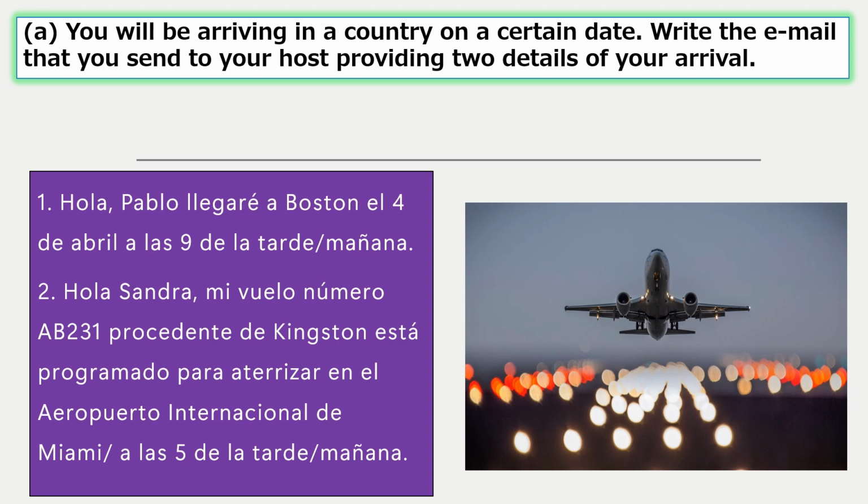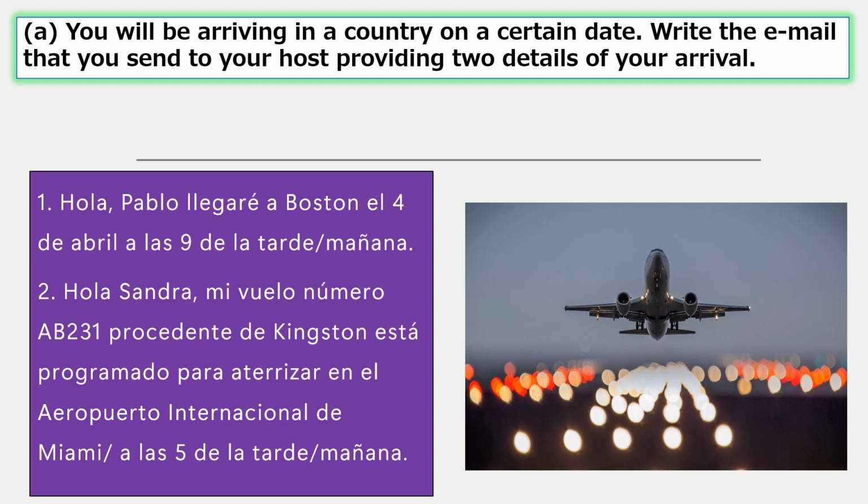So, hi or hello Sandra, my flight number AB231 coming from Miami is scheduled to land at the Miami International Airport at 5 in the afternoon or in the morning.